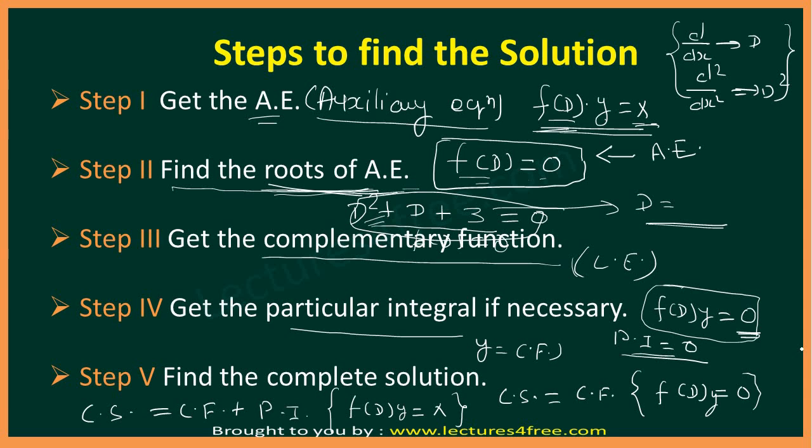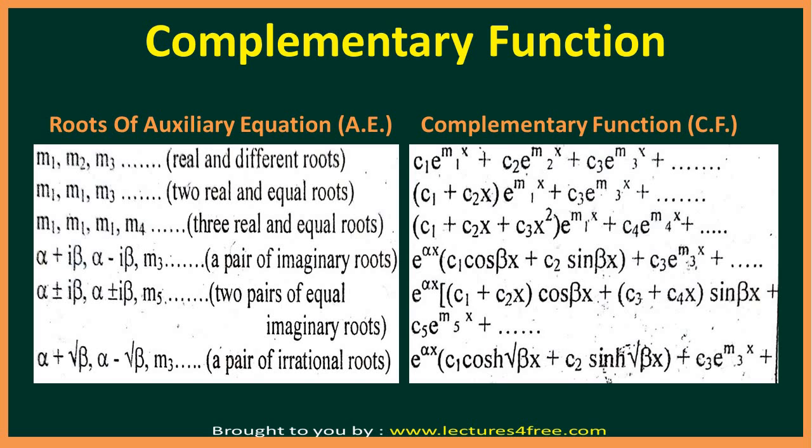Now let's see how we can calculate the complementary function by observing the roots of the auxiliary equation. Here you can see roots are given in the left hand side, okay, and in the right hand side the complementary functions are given corresponding to those roots.